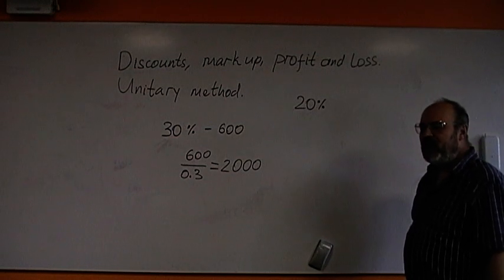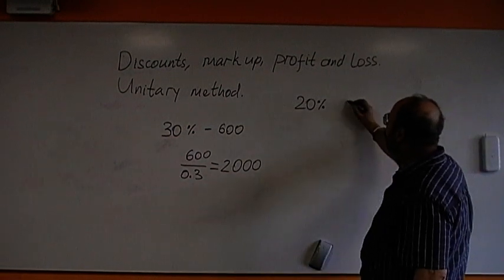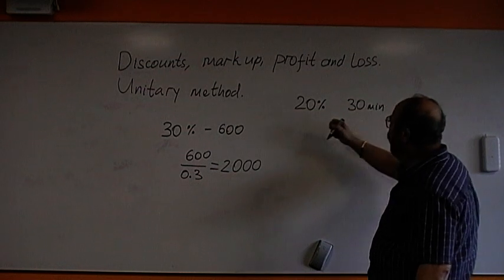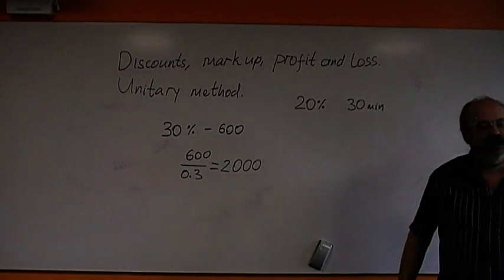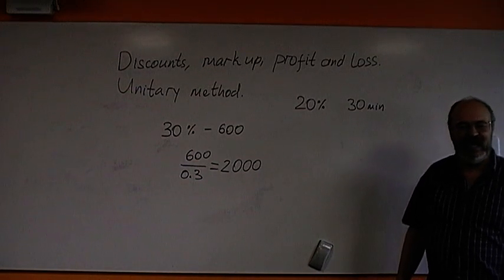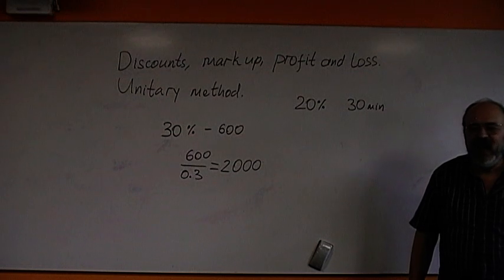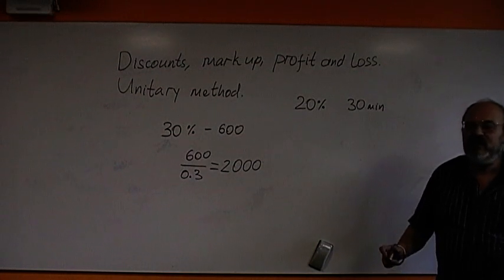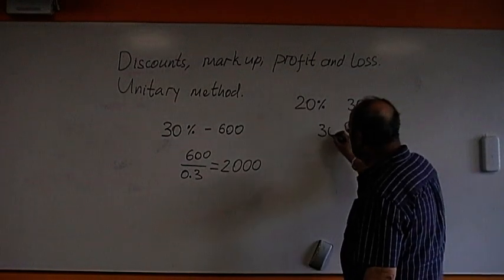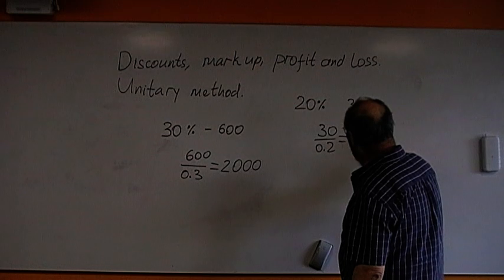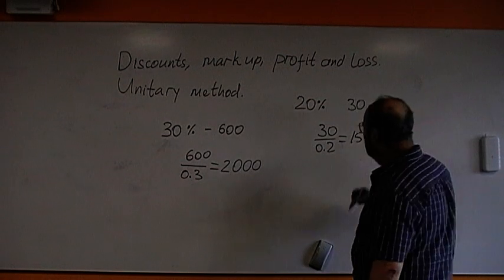He was looking out of the window for 30 minutes. The question is how much free time he had. 30 divided by 0.2, which will be 150 minutes.